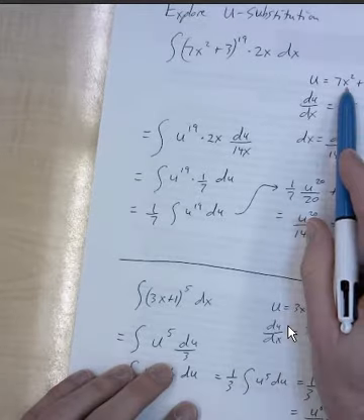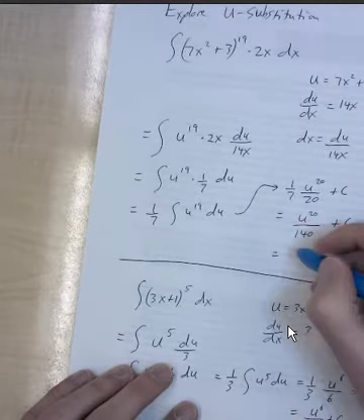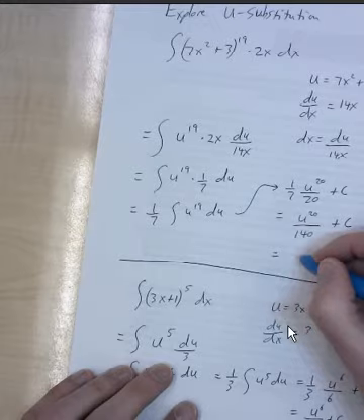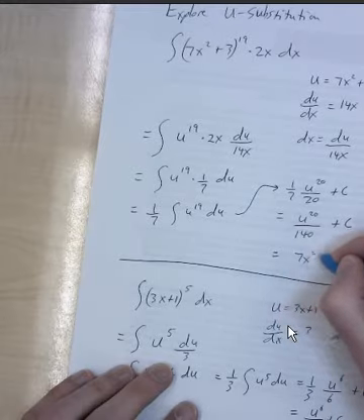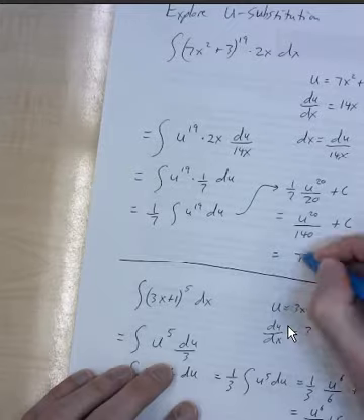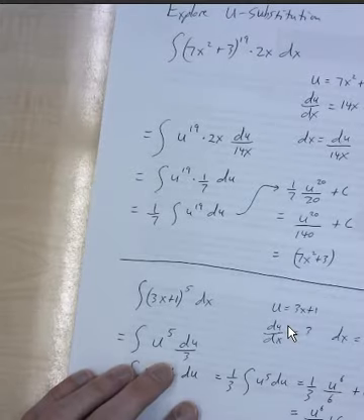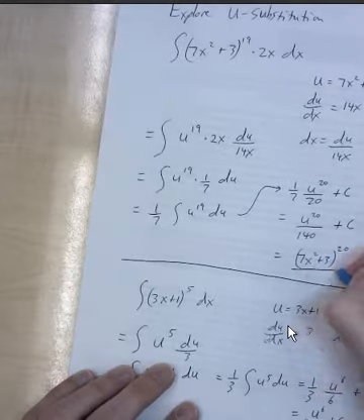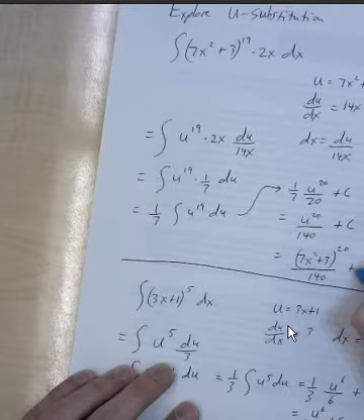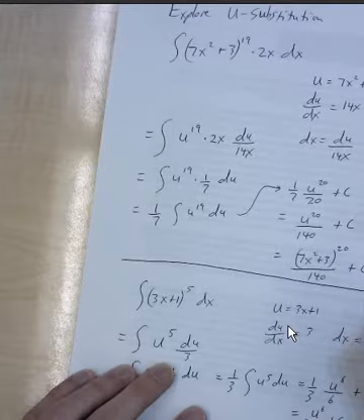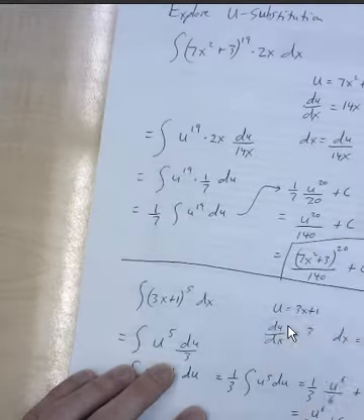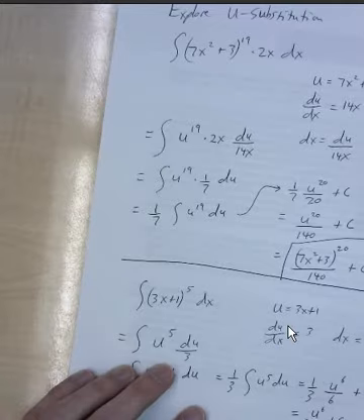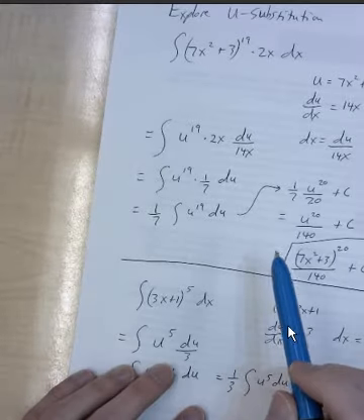So we get 7x squared plus 3 to the 20th over 140 plus c. U substitution. This is a really powerful tool. This is going to get you out of a lot of stuff when we get stuck.